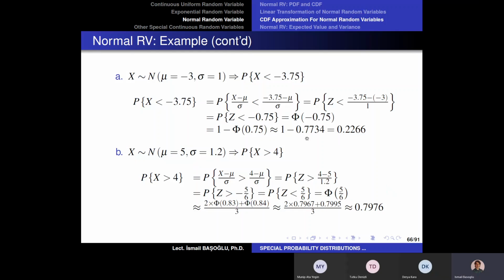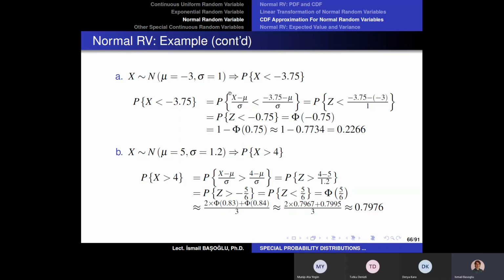So let's do that. For part A, my probability statement related to a non-standard normal random variable with parameters -3 and 1 is going to be equal to, after standardization, so from both sides I subtract the location parameter and divide the difference by the scale parameter. And what is my location parameter? -3. When you subtract, the left-hand side of this inequality will automatically become a standard normal random variable.